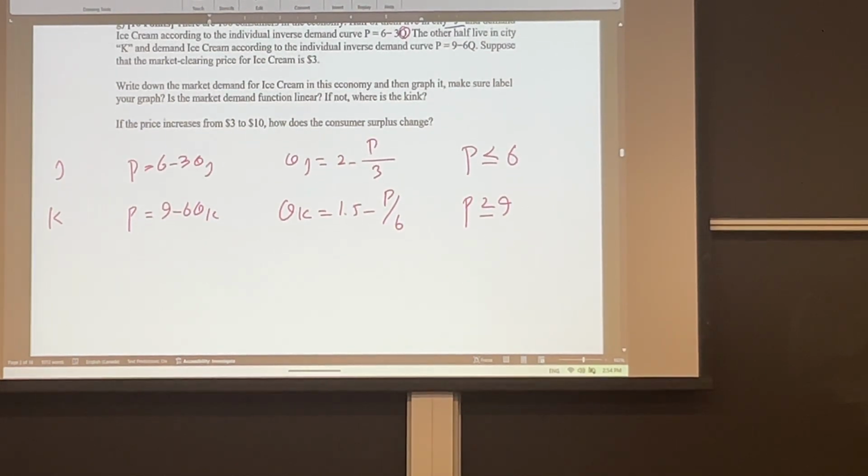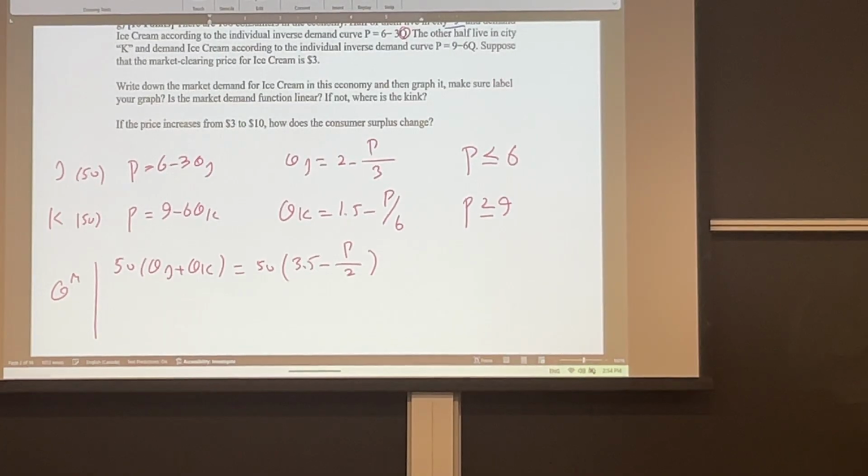So the market demand becomes what? 50, there are 50 in each one. 50 QJ plus QK, which is 50, the sum of these two, if the price is low enough for everyone to be in the market. That's the demand when the price is low enough. I just sum these two up to get this one.